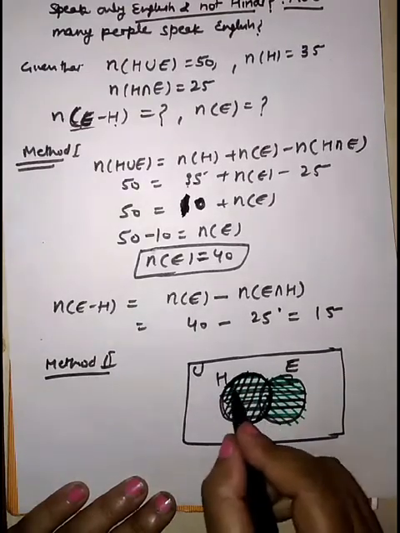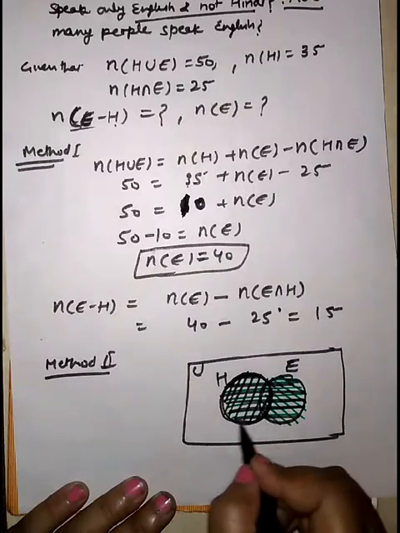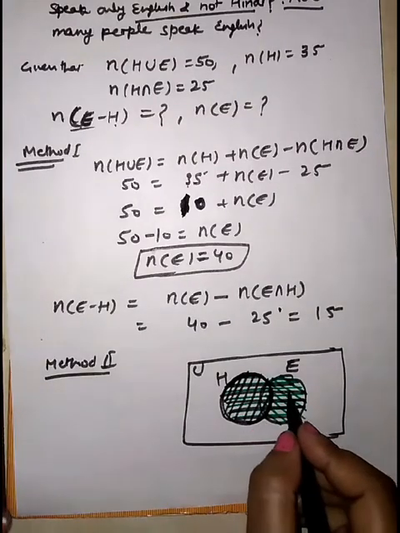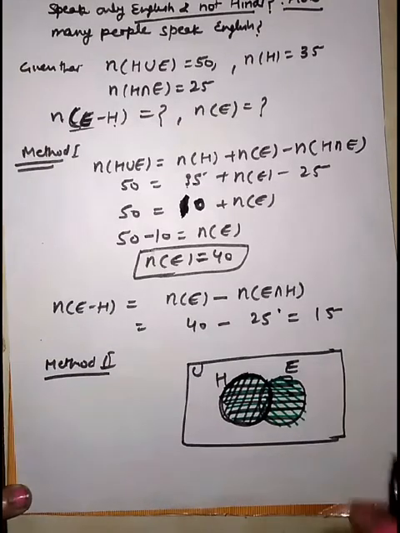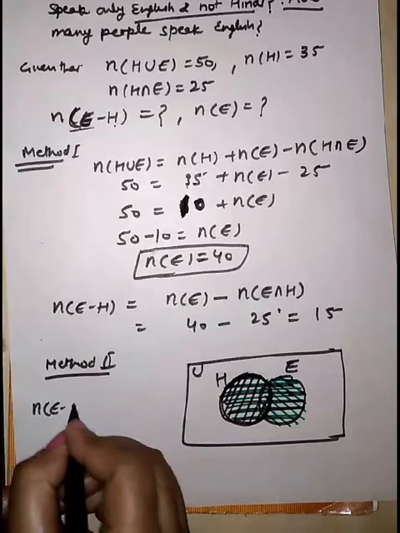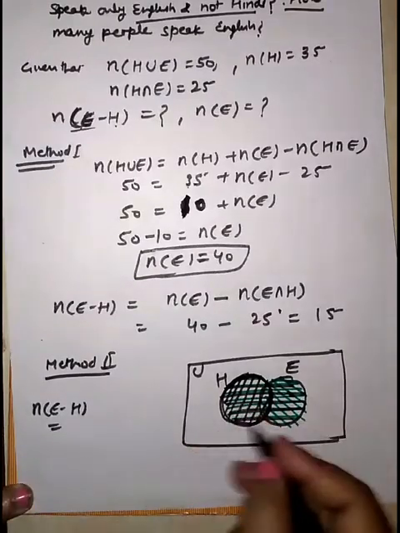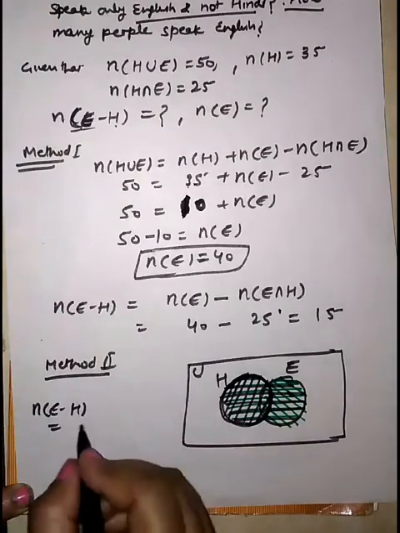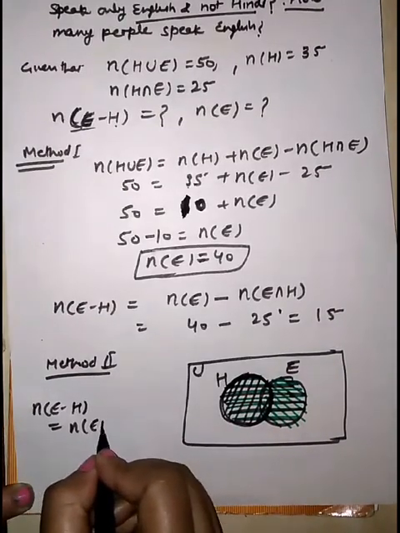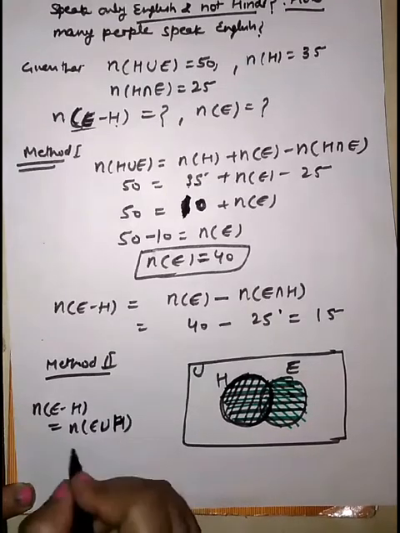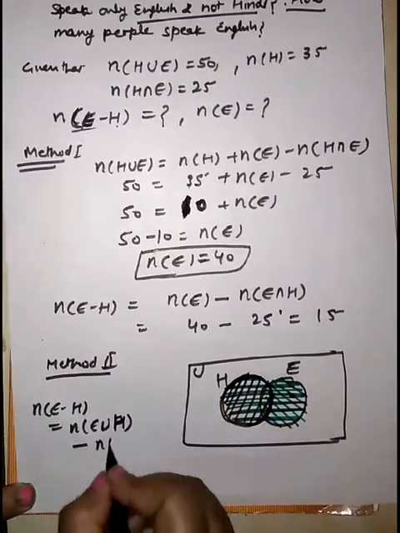So if you have the total 50 and this one is 35, you can find the value of n(E minus H). If you write n(E minus H), it means you take the total n(E union H) minus n(H).